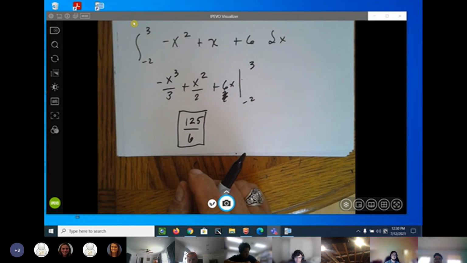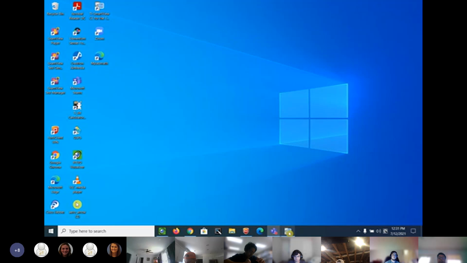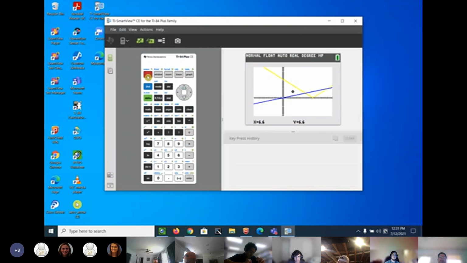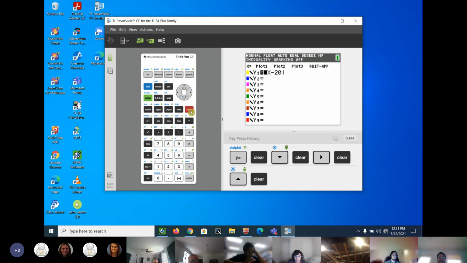Yes or no? Somebody get that? Yeah, I got that. Okay, good. Now let's do it on a calculator, so everybody can see how to do it on the calculator to check your work. Pull up our handy dandy calculator. Y is equal to x squared plus 2x minus 6. Clear. Just go ahead and clear everything, because it's very aggravating to try to type over that stuff.